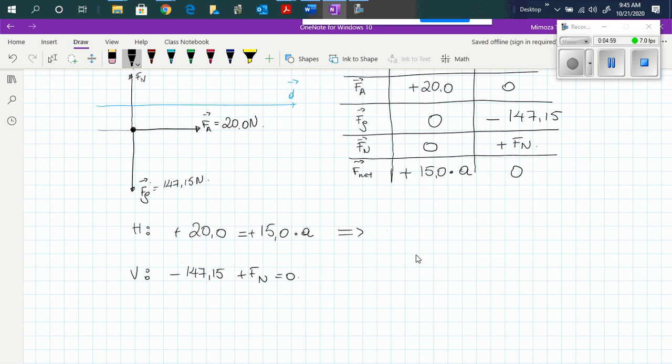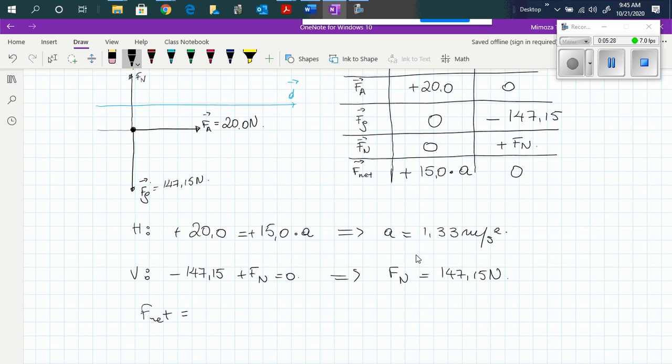From here, we find that acceleration is 20 divided by 15, which is 1.33 meters per second squared. And from here, we find that force normal is equal to 147.15 newtons.